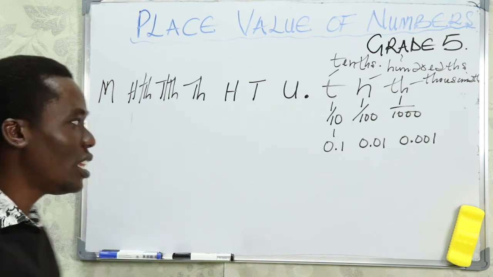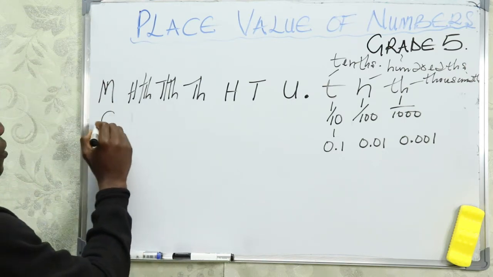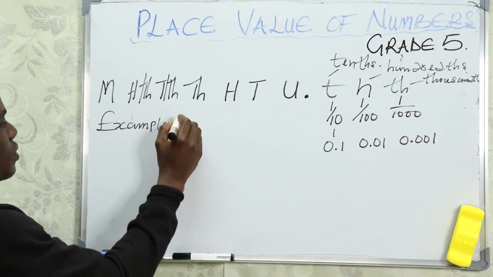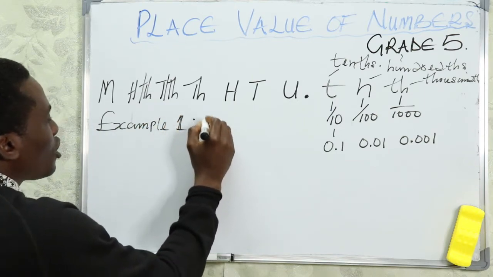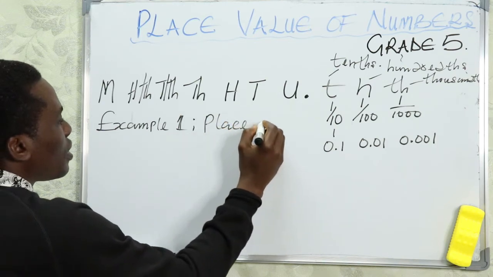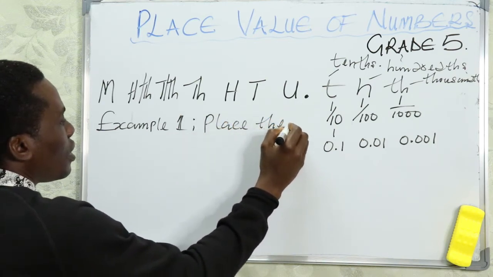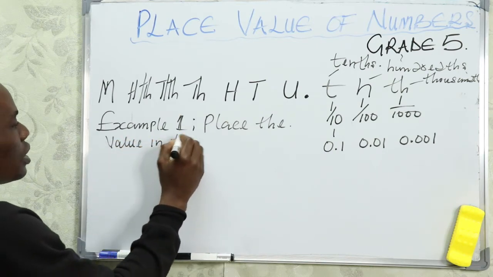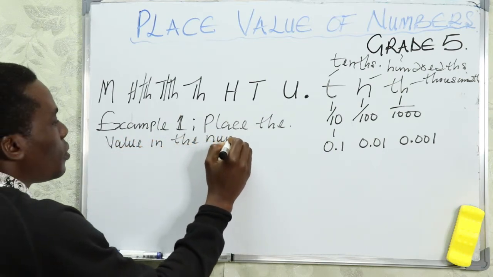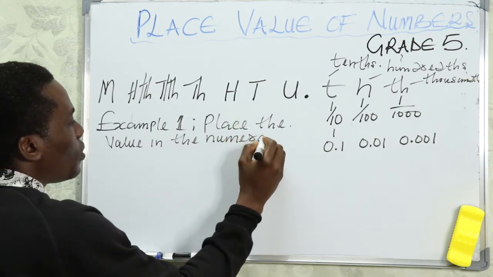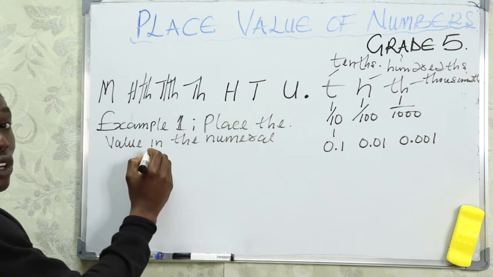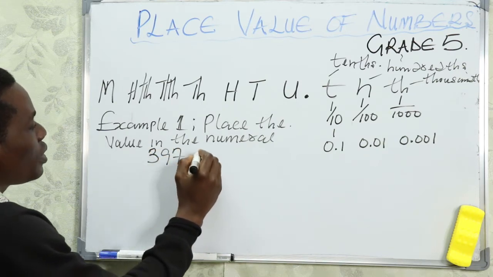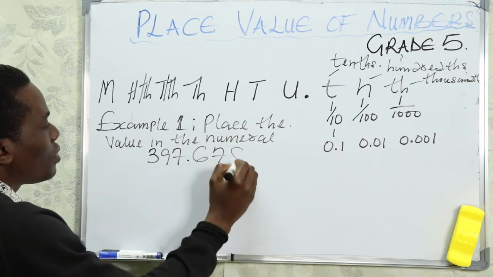So now I want to see how we can place the numeral I'm going to give you in their various place values. Now let's look at example 1. They ask you to place the value in the numeral 397.678.